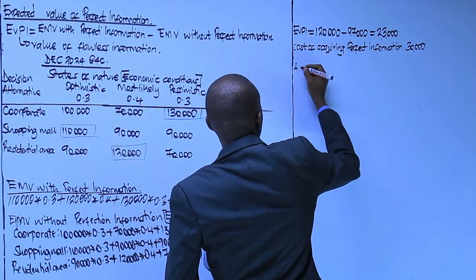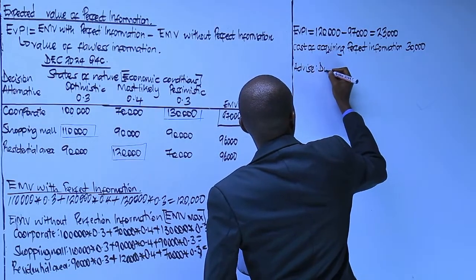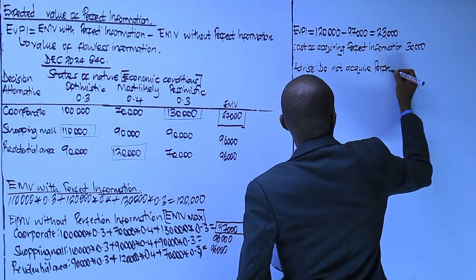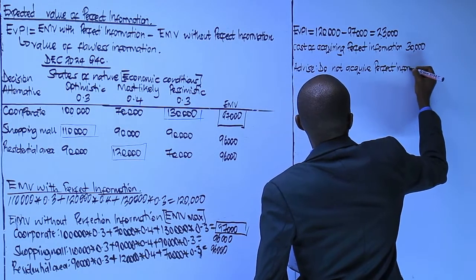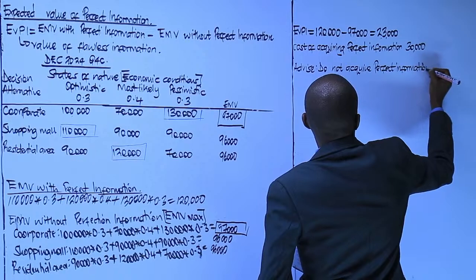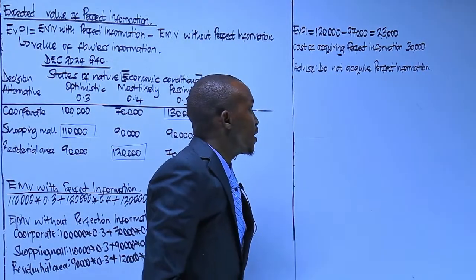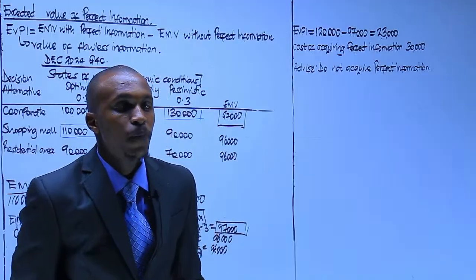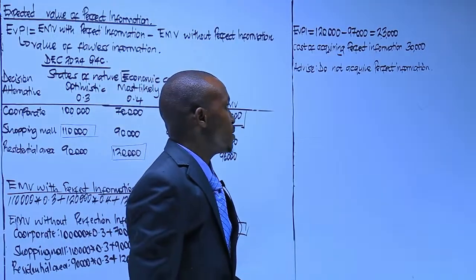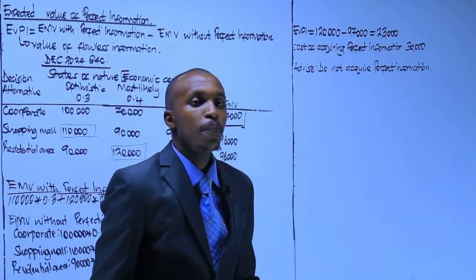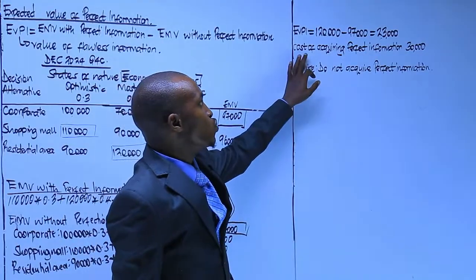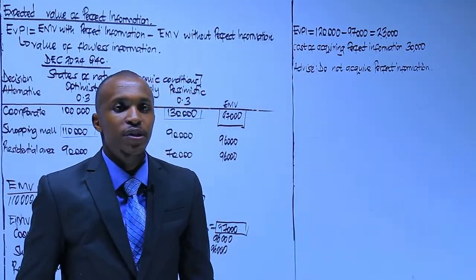You will advise them, do not acquire perfect information. Why? Because it is more expensive to acquire than the value you're going to obtain. So you're going to advise them not to acquire perfect information because it is far too expensive. The cost outweighs the value you obtain.